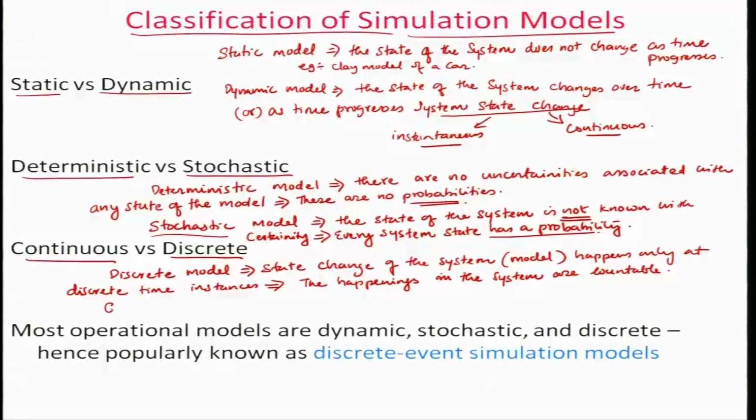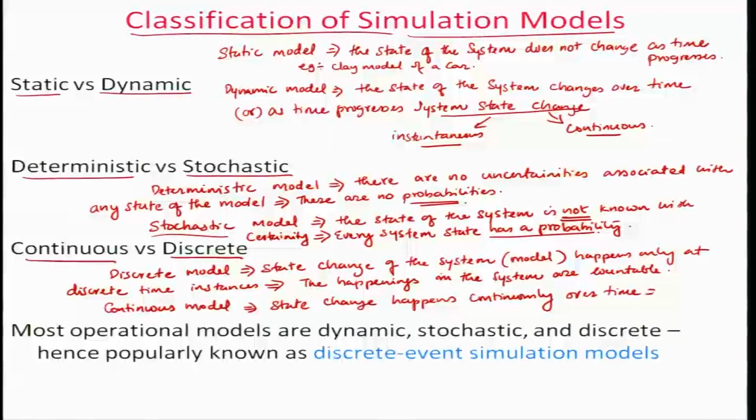Whereas continuous is the opposite. State change happens continuously over time, which implies not countable. You are not able to count what is happening over time in the system.